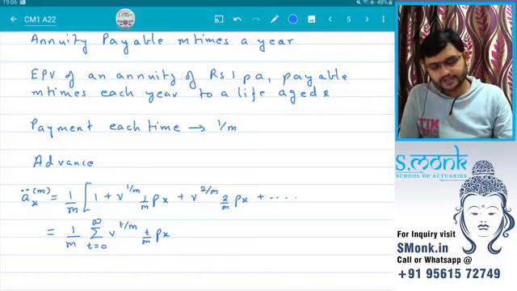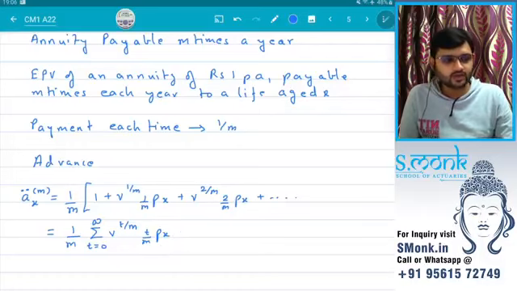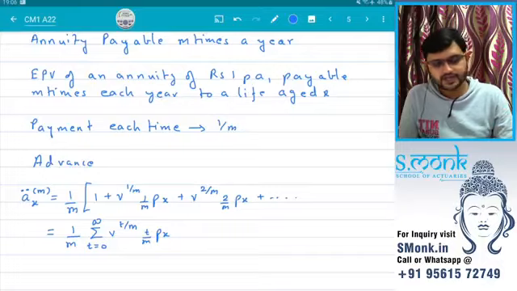As I said, this probability is very difficult for us to calculate properly. So what we will be doing is we will be taking an approximation. Now there can be many ways of approximating these values, but we will take a specific one.